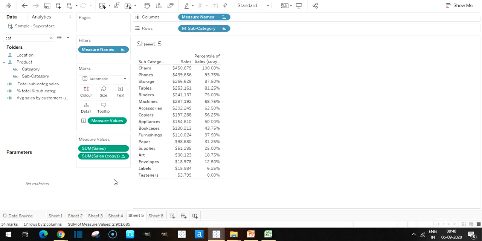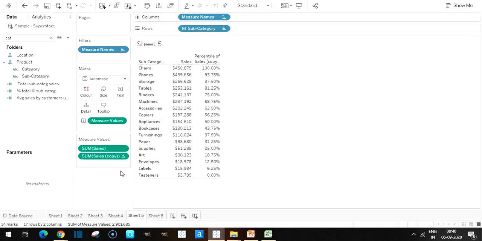And moreover, one more thing I want to highlight. Can you notice these cells and these cells? What is the difference? There is a triangle. Can you notice the triangle? Wherever you see the triangle, that triangle means it's a table calculation. The normal calculation and the table calculation, the difference is the triangle.